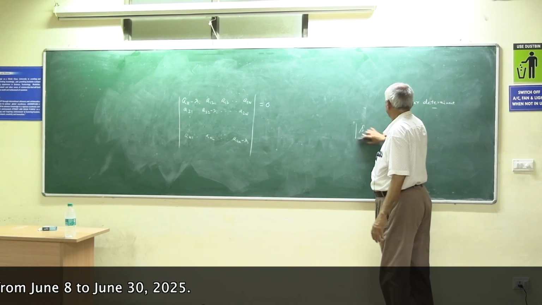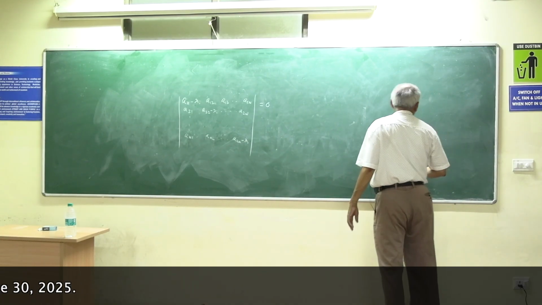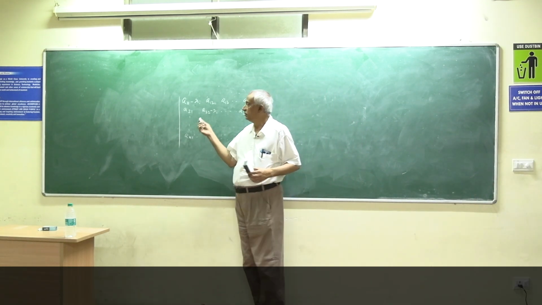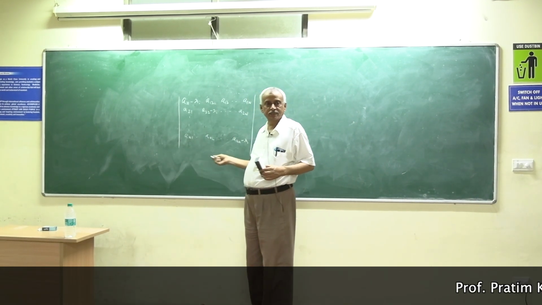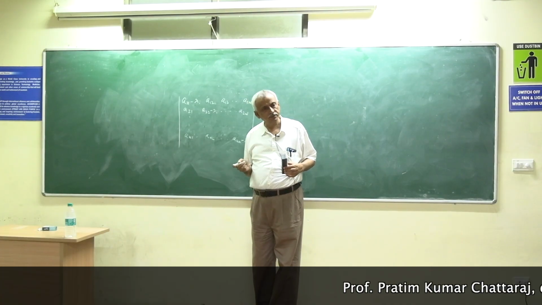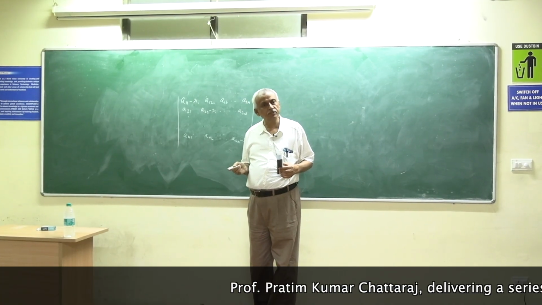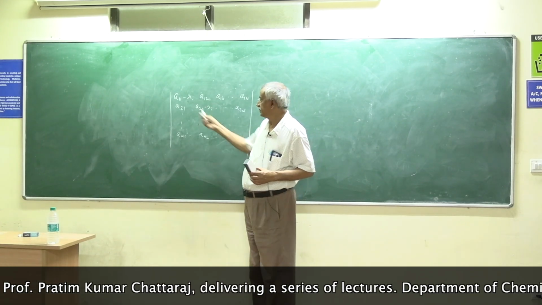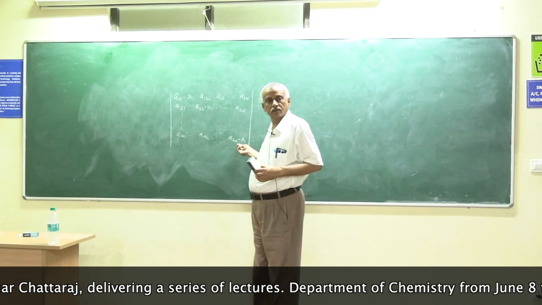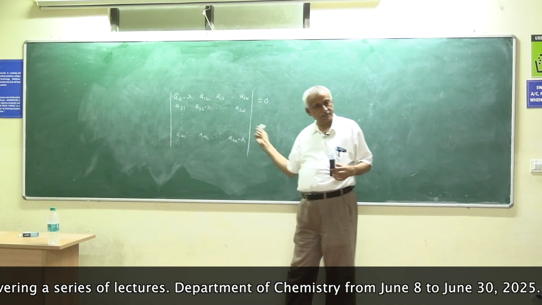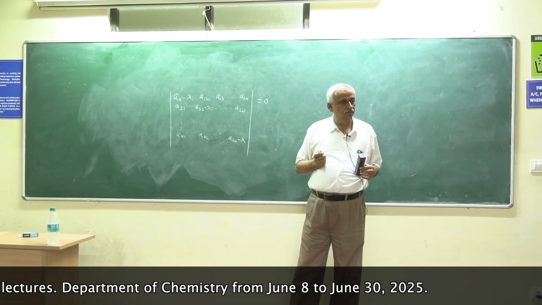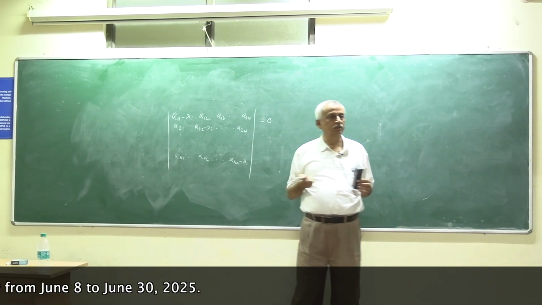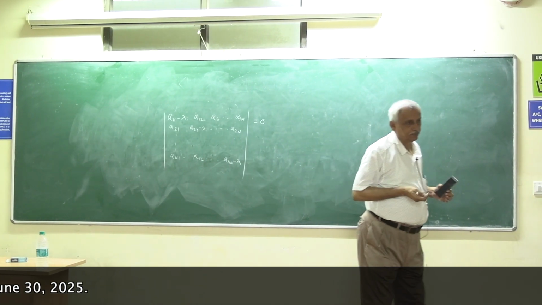Now, as you can see, if you expand this determinant, do you know how to expand a determinant? Yes or no? So if you expand this determinant, lambda is there in all rows, coming once, and all others are known values, all matrix elements.